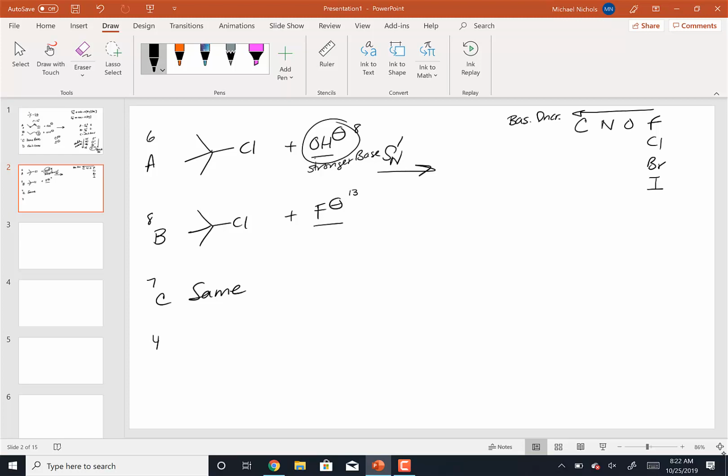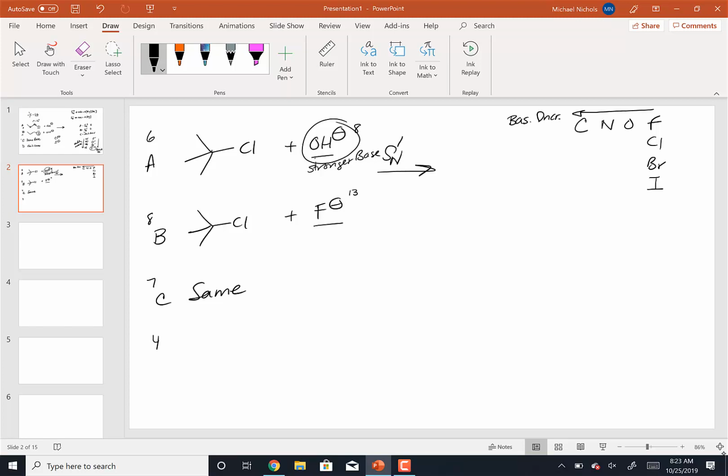Okay? All right, so where are we at? We're at an SN1 mechanism. The nucleophile is different, and hydroxide is the stronger nucleophile. My question number 4. Does the strength of the nucleophile affect the rate of an SN1 reaction? I see some head shaking.